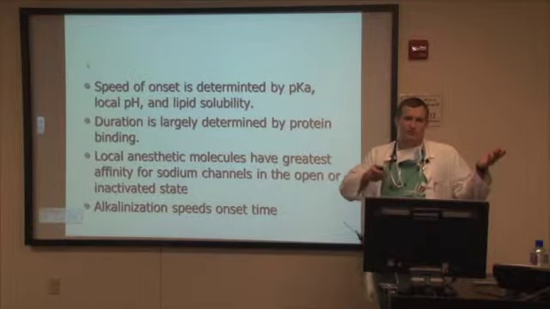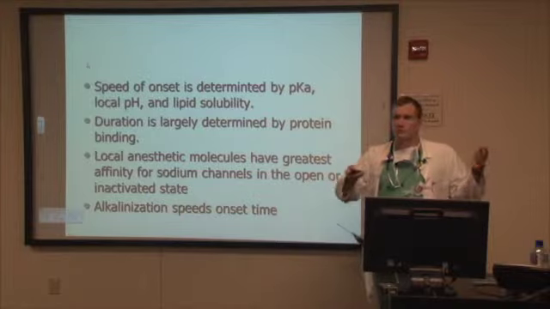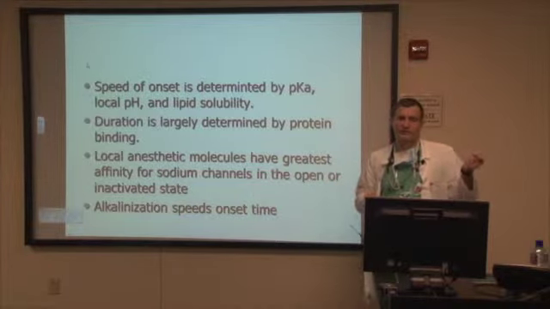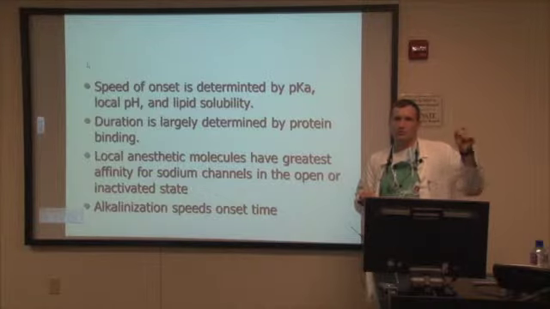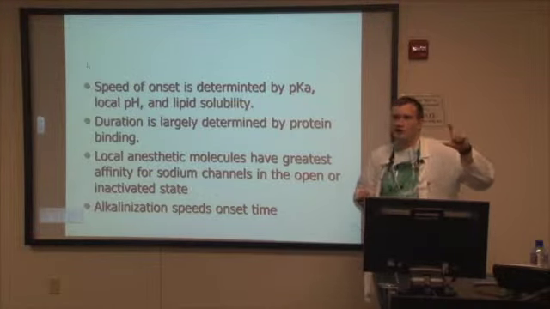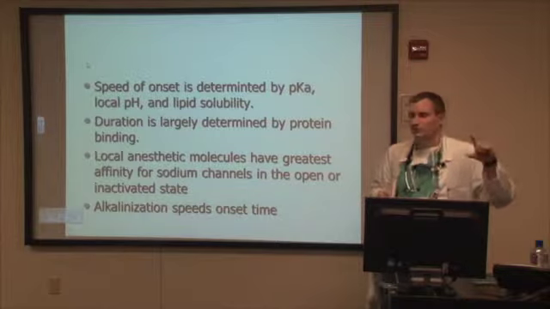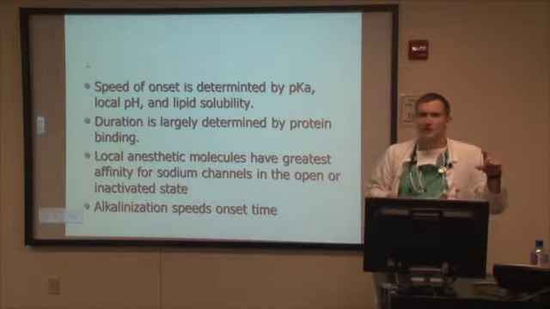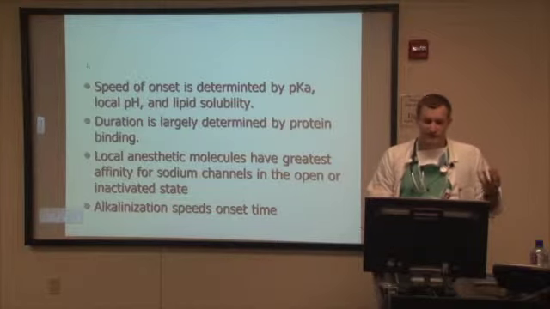As far as the pH is concerned, most of you have probably also heard about alkalinizing the drug itself. We can take a bottle of lidocaine, or whatever local anesthetic of choice, consult our little recipe book, and add some bicarbonate to the mix.